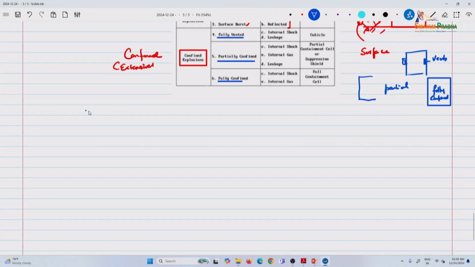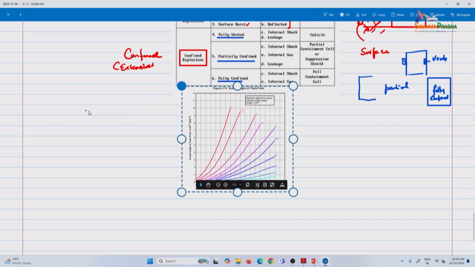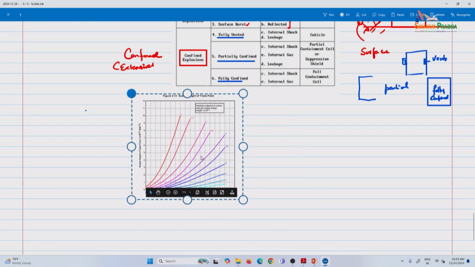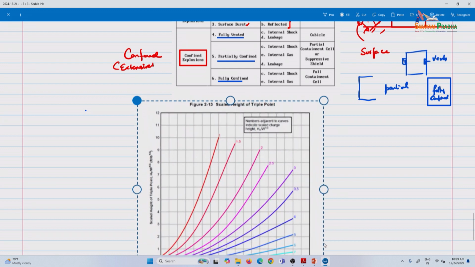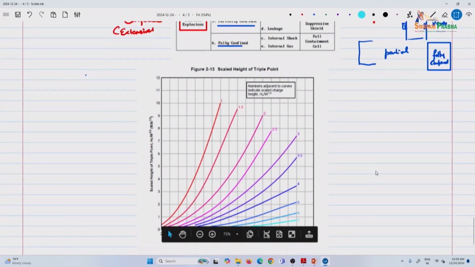So, this may be a good time to show that. If you see this chart, you were asking what is the height of the triple point, right? Yesterday, one of you asked that question.